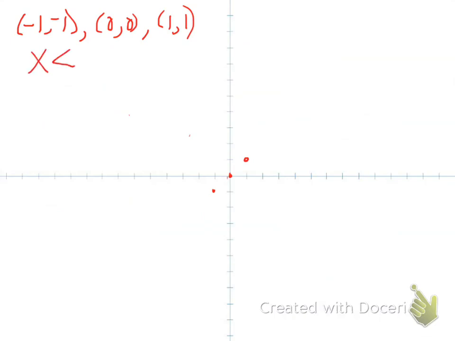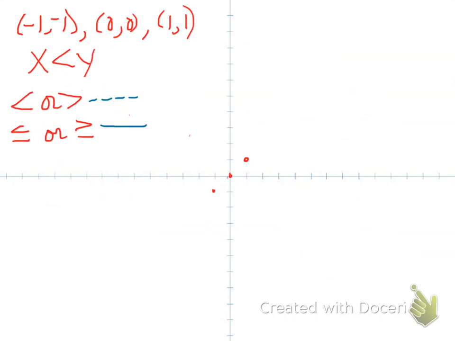Now we had x is less than y. Remember that when you have a less than or a greater than, you need to use a dotted line, because that means the points that are on the boundary line are not part of the solution set. If it is a less than or equal to, or a greater than or equal to, then you're going to use a solid line, just a regular line that we're used to doing.